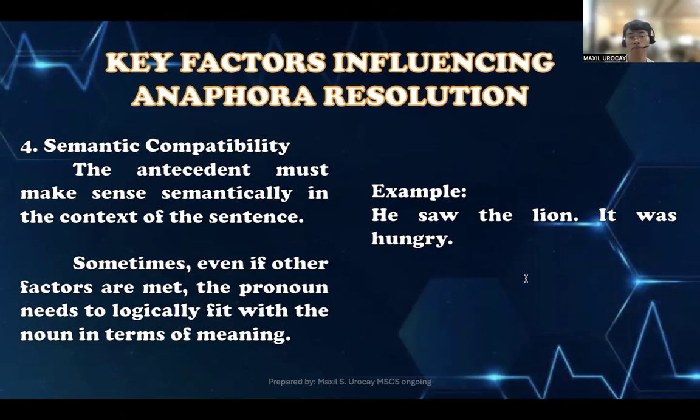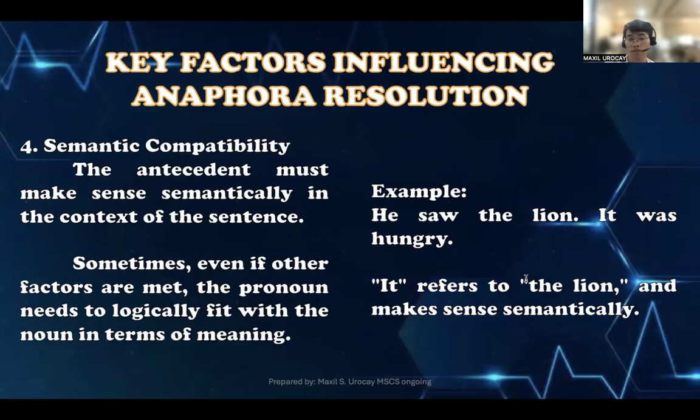Say, for example, he saw the lion. It was hungry. Here, "it" refers to the lion and makes sense semantically. So what does it mean? We are trying to ensure that the pronoun logically fits with our noun.